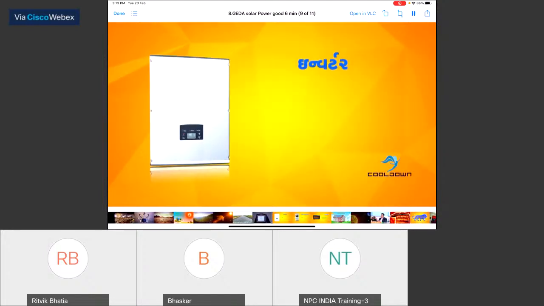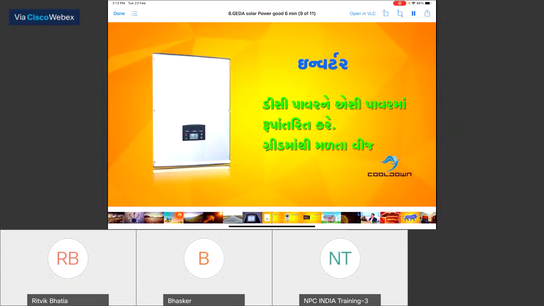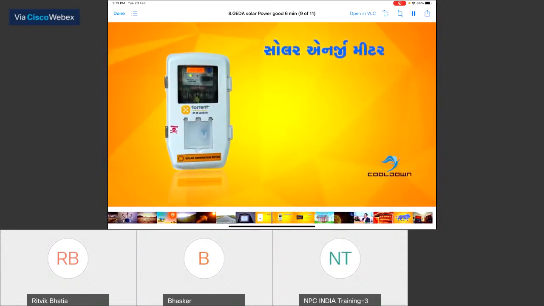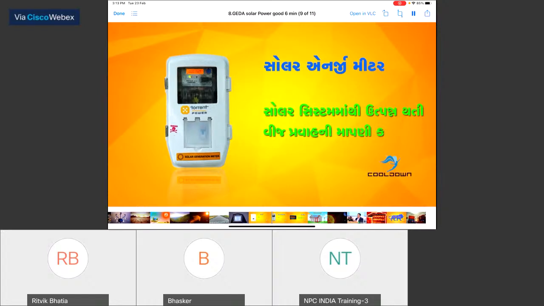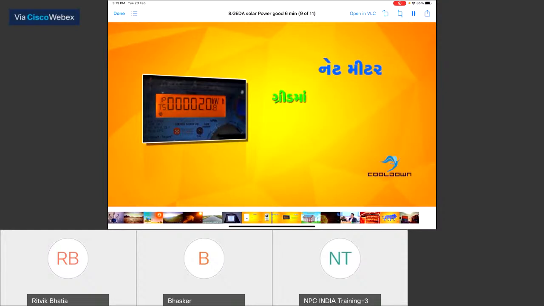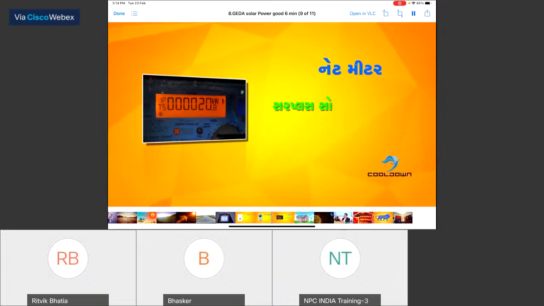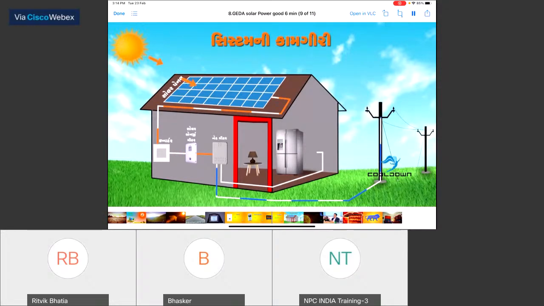Generating the voltage, converting DC power into AC power. So how is this working?